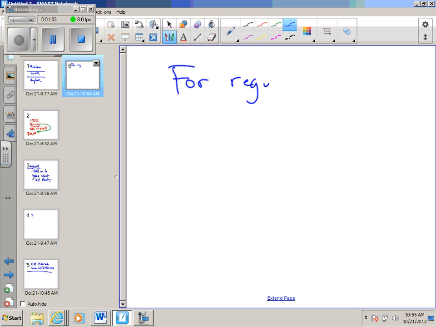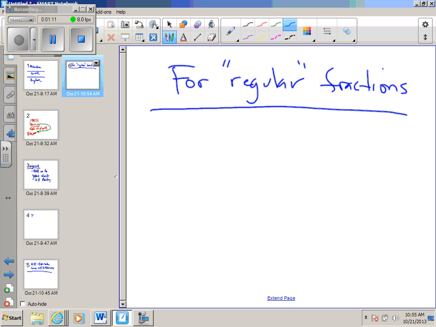So let's address, first of all, regular fractions. And what I mean by regular fractions are, they're not mixed numbers, and they're not improper. So for example, if I had the fraction 3/8, no mixed number attached, no whole number attached to it to make it a mixed number, it's just a regular 3/8.